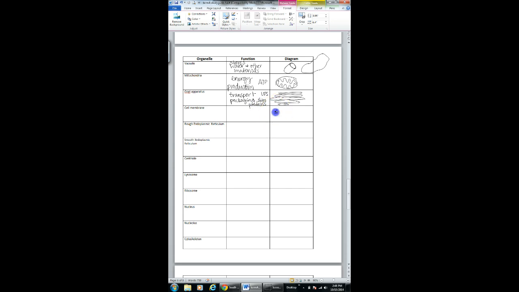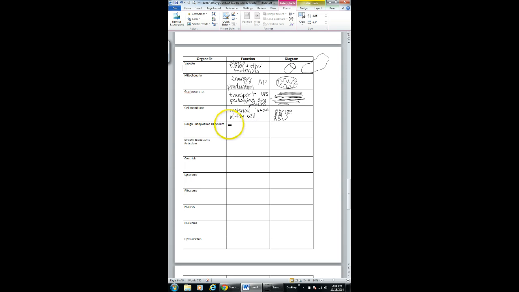All right, cell membrane. I think you guys definitely know this one now. It has the phospholipids. We have some proteins. And the cell membrane gauges the material in and out of the cell.